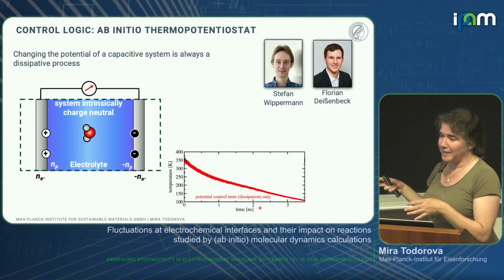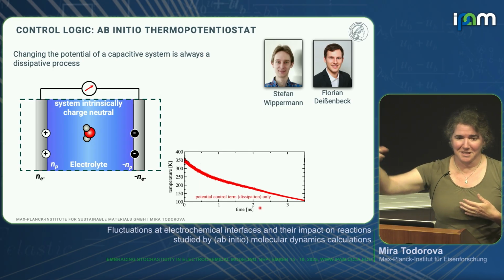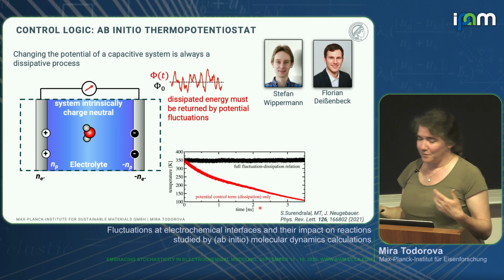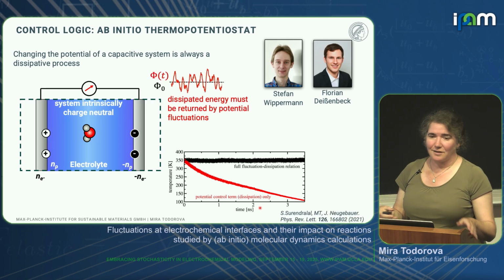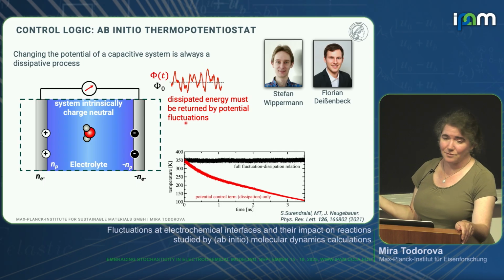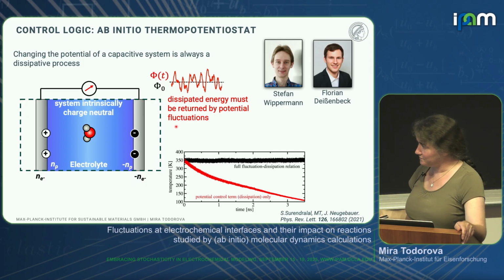So I get correlated motion between the water molecules, and they basically move out of my system like a bullet. What we know, of course, is that there are fluctuations within the systems, and these fluctuations ensure that the dissipated energy is returned to the degrees of freedom from where it is taken.